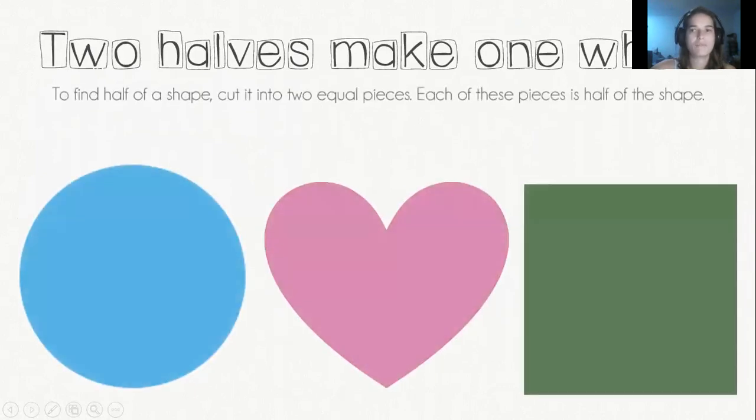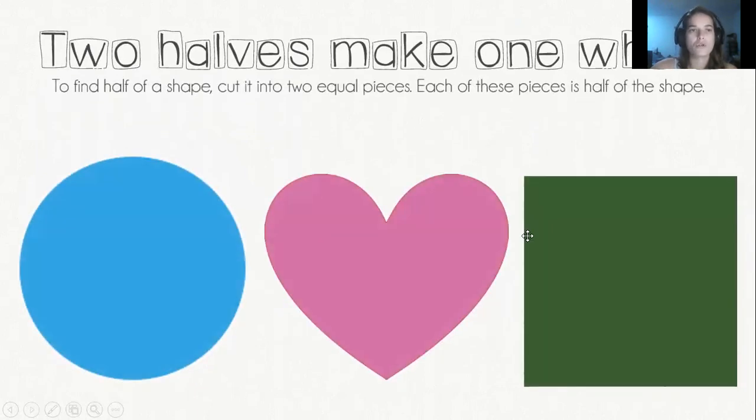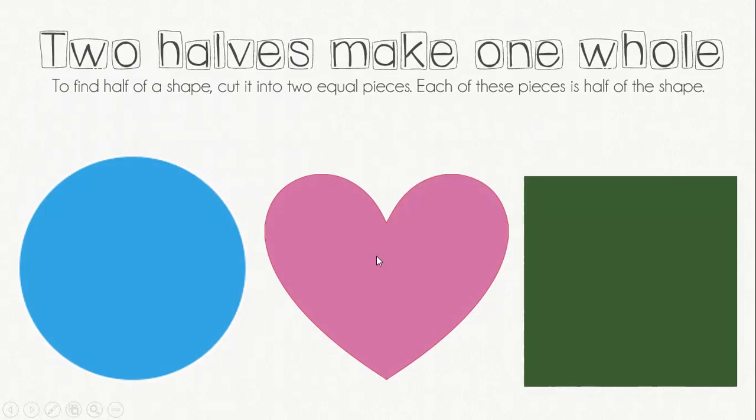Let's have a look here. So to find half of a shape, cut it into two equal pieces. Each of these pieces is half of the shape. So we need to cut this circle into two equal pieces.